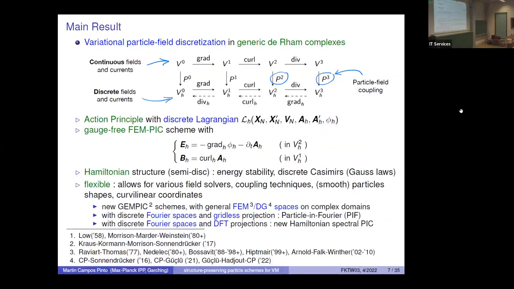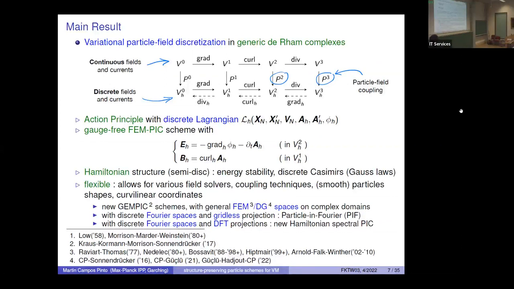And the projection, the discretization operator that you will use to compute this discrete current density in the finite element spaces, let's call it P2. And the commuting projection means that if you project, say, a current density with P2 and you take the divergence, then you should find exactly the same thing as if you had taken the divergence of the current density and then projected with a second projection operator called P3.